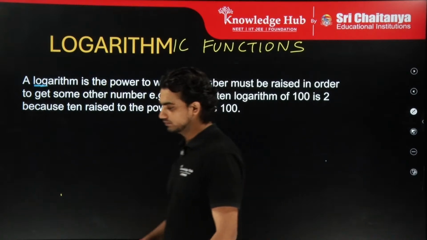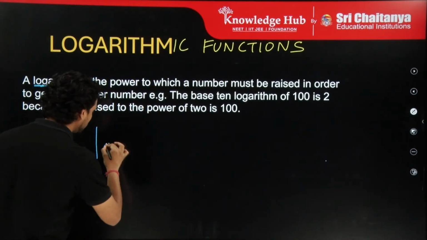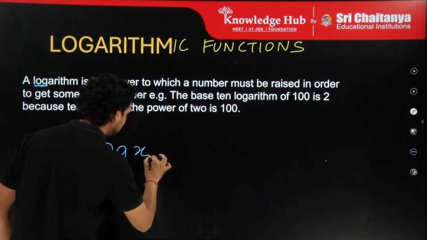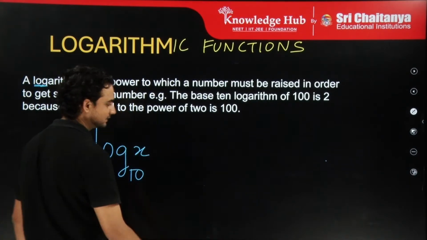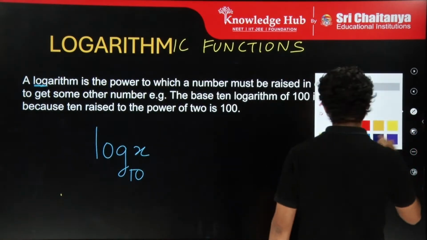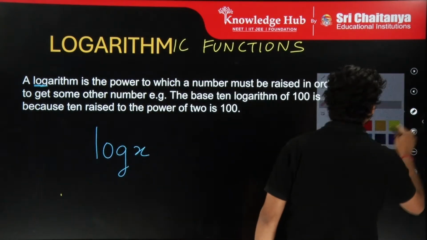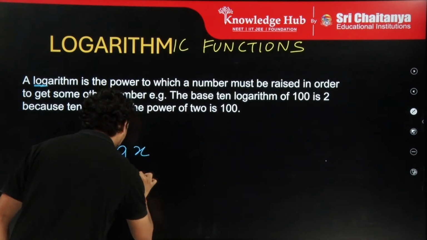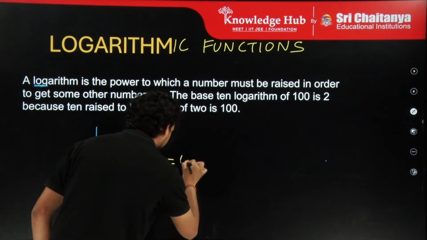So what is this basically? We write this as log of number x to base 10, or any base, this base can be anything. So this is my base, and I'll get the output as y.